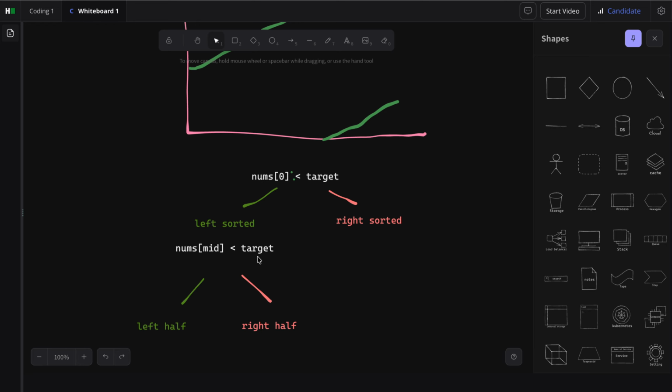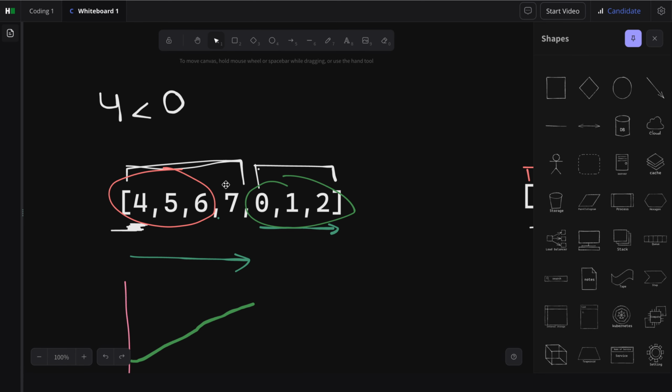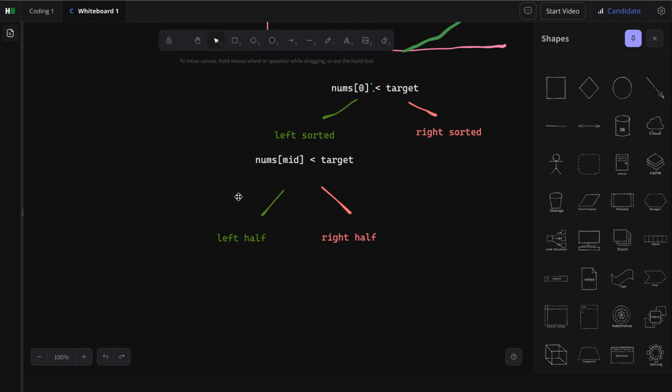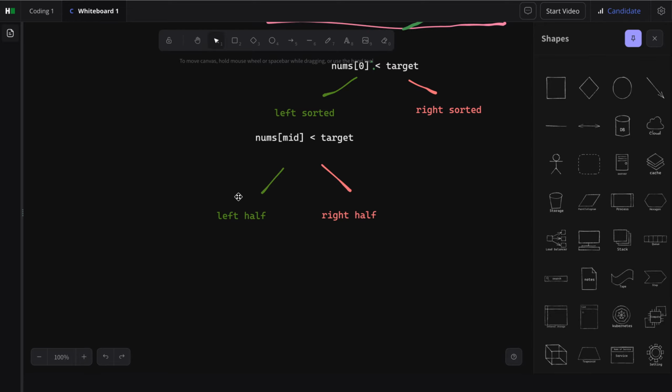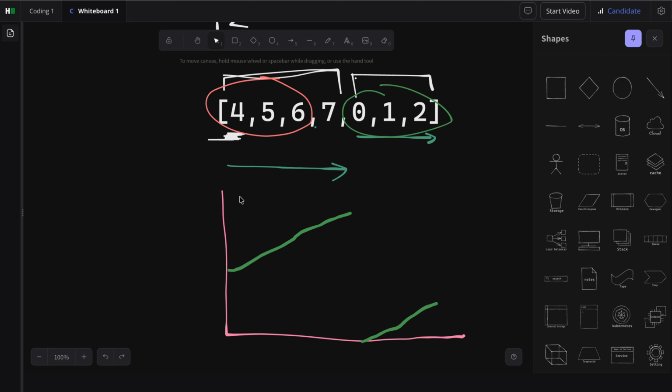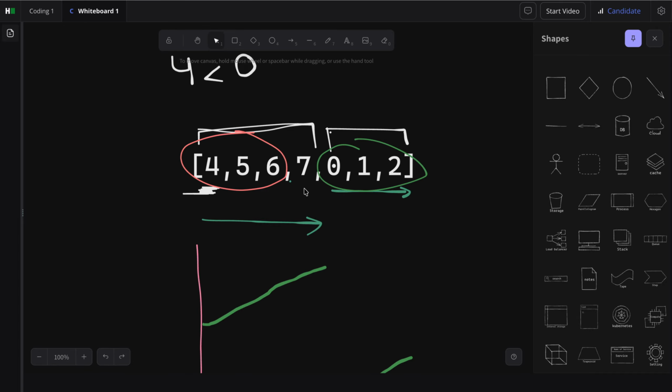And then does that go in the left or right? If 7 is less than the target, then that means you should go into the right search, because it's like 8, 9, 10, all that.